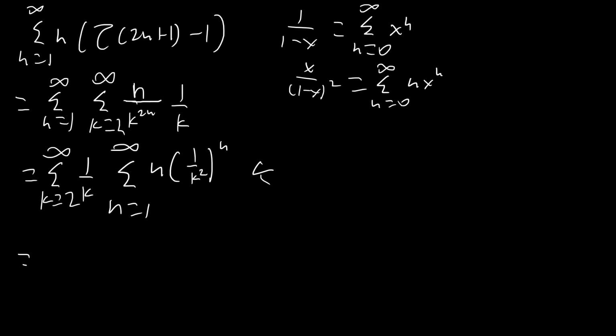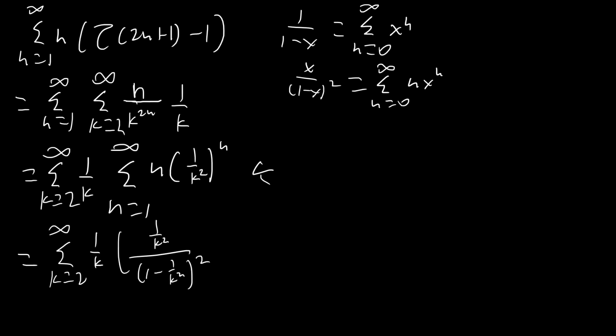So we're going to get the sum from k equals 2 to infinity of 1 over k times 1 over k squared times 1 minus 1 over k squared, squared. We're going to multiply by k to the 4th on the top and bottom, and we're going to end up with k on the top and k squared minus 1, squared on the bottom.